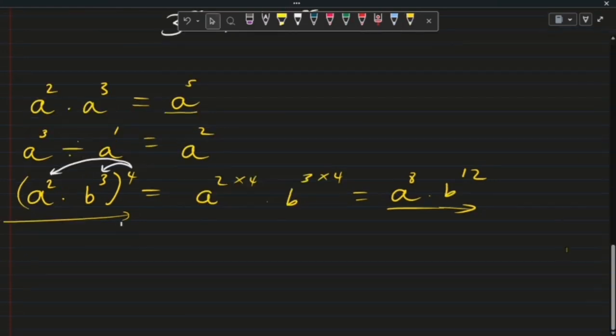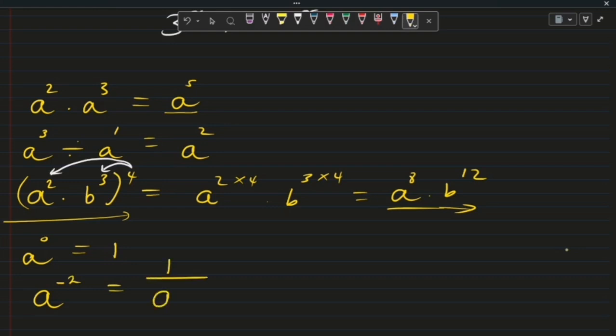Another law that is of significance is that anything raised to the power of zero is one. And then another very important law is that if we raise anything to a negative power like this, I can just say 1 over, and then it becomes a positive power like that.